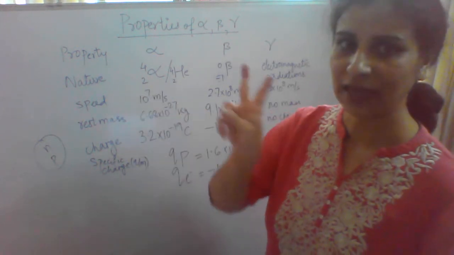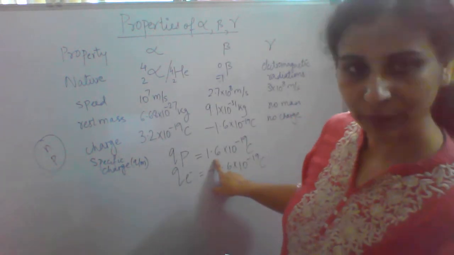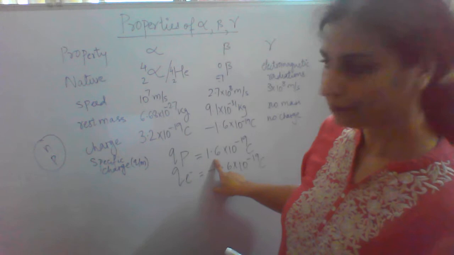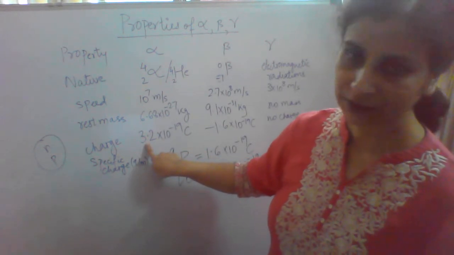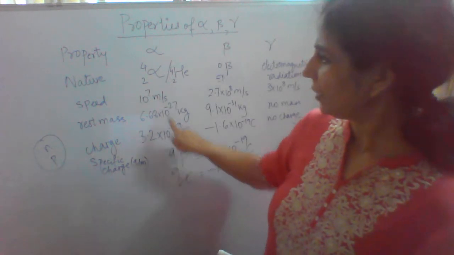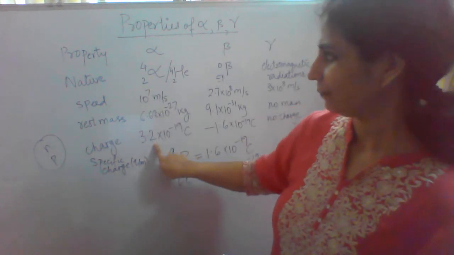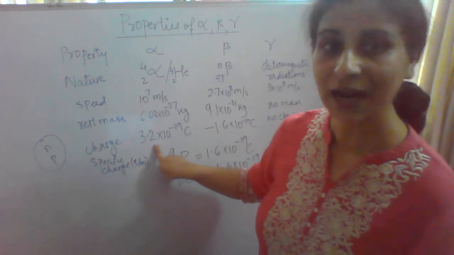So basically here I have charge 2. 2 charge means I have 2 protons. So let us multiply 2 into 1.6 into 10 raised to minus 19. You can multiply it. 1.6 into 2 will give me 3.2 into 10 raised to minus 19 coulomb. So the charge of the alpha particle is 3.2 into 10 raised to minus 19 coulomb. I'll repeat it again.